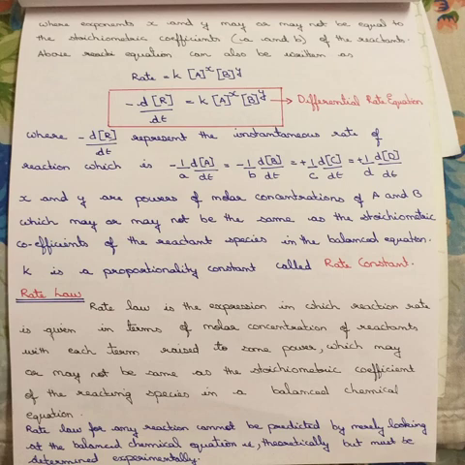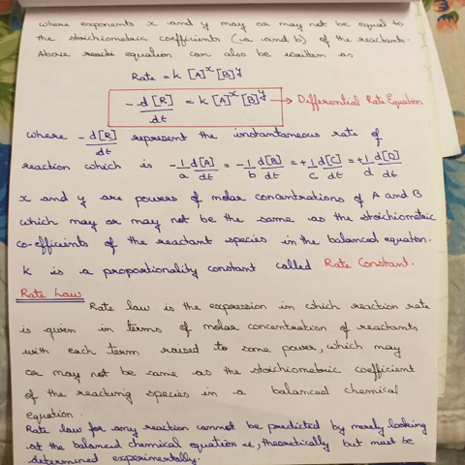This expression is called the differential rate equation. So, the differential rate equation is minus d[R] by dt is equal to k into [A] raised to x into [B] raised to y. This is the mathematical expression for the rate law.